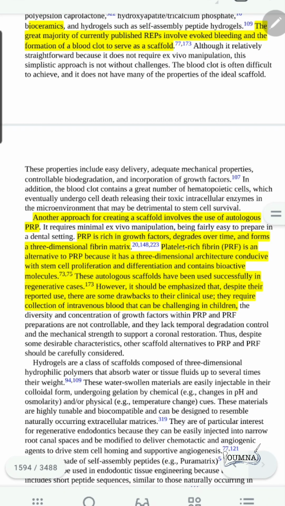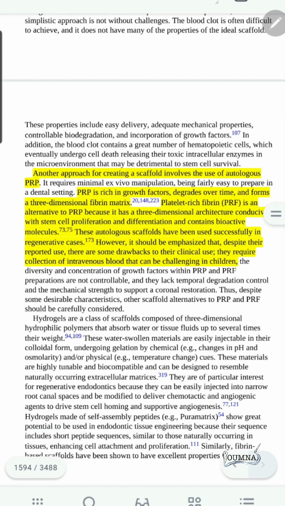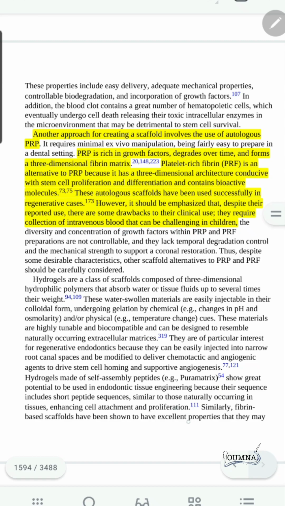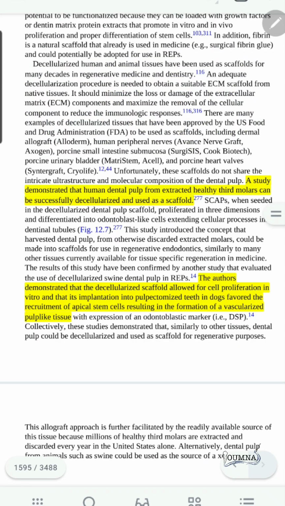But what makes its use a bit difficult is that it is required to collect the blood intravenously from children, which makes it a challenging procedure.